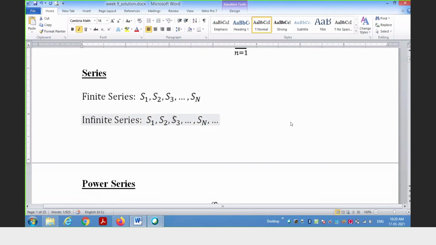So our task now is to check whether this series diverges or converges. What do we mean by converge? Converge means the series has some real value.